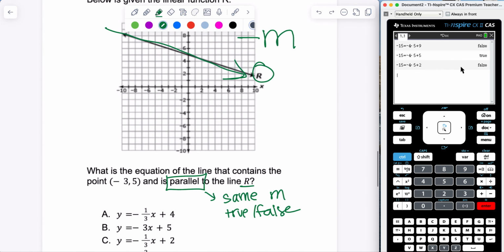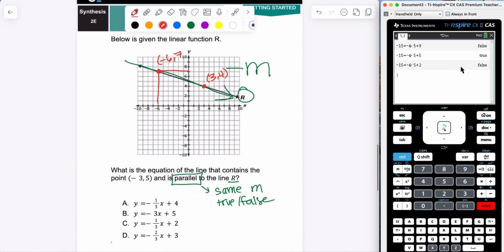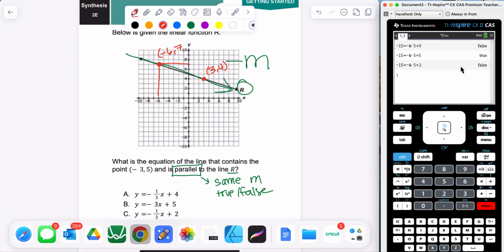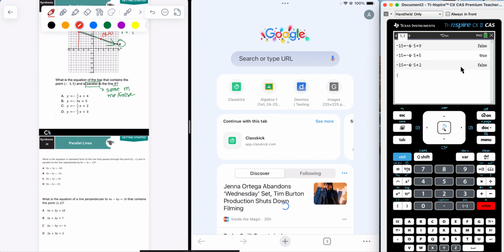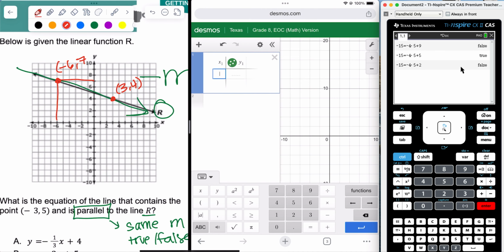So then, since we can't eliminate anything, we need to find the slope of the line. So we have this point -6, 7, and we have 3, 4. So what we're going to do is open up Desmos, and put our points in like a table. -6, 7, 3, 4.